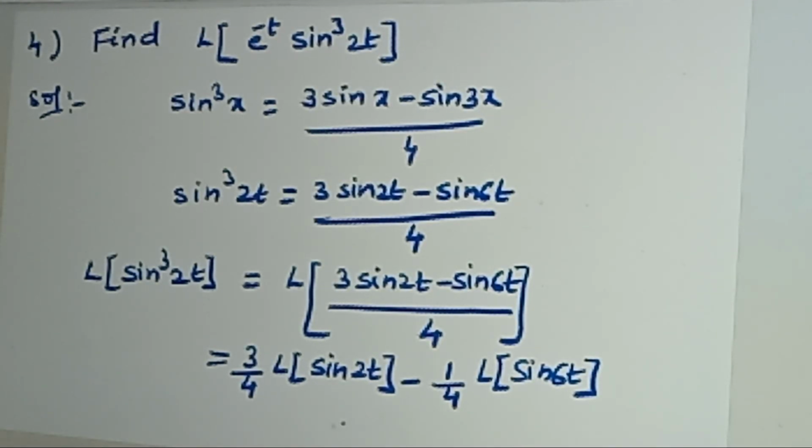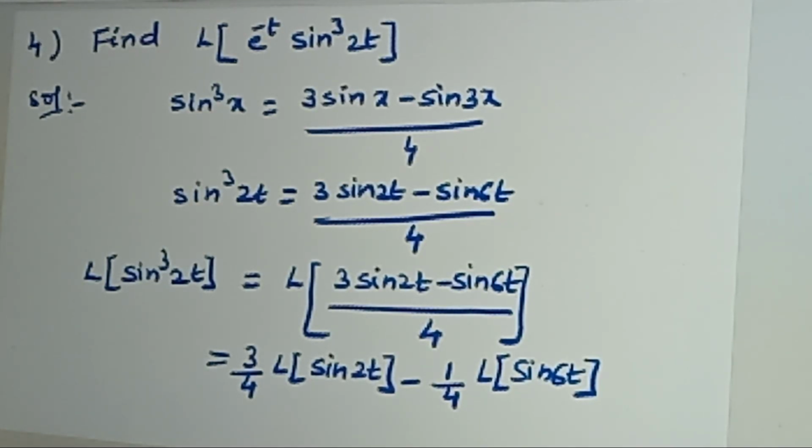Okay. Then what is Laplace of sine 2t? It is nothing but 2 by s square plus 4. Sine at का Laplace क्या सीखा है हमने? a upon s square plus a square. What is the value of a? a is equal to 2. In a similar way, Laplace of sine 6t क्या है? 6 upon s square plus 36. Because a is equal to 6, a upon s square plus a square is nothing but what? 6 upon s square plus 36.